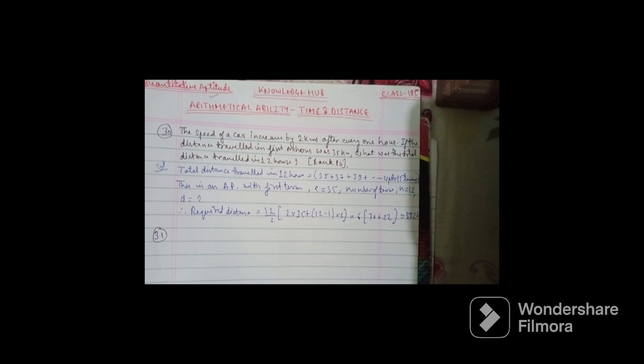If its speed is decreased by 5 km per hour, the time taken by it to cover the same distance will be? That has been asked in the SSC examination paper. The options were 10 minutes, 11 minutes 20 seconds, 13 minutes and 13 minutes 20 seconds.